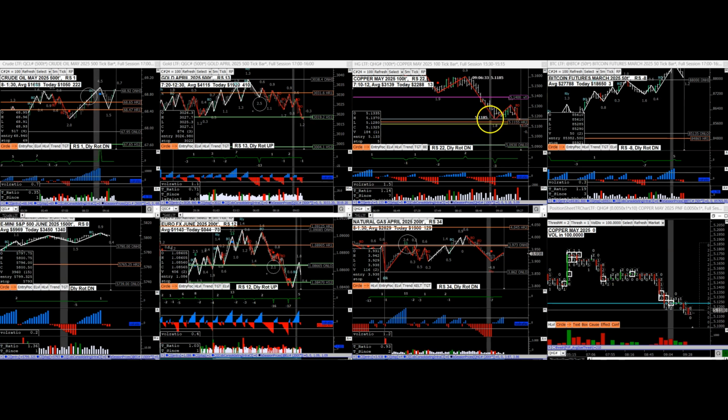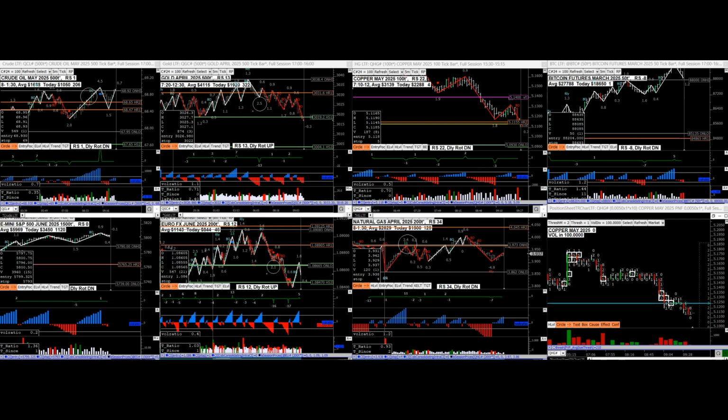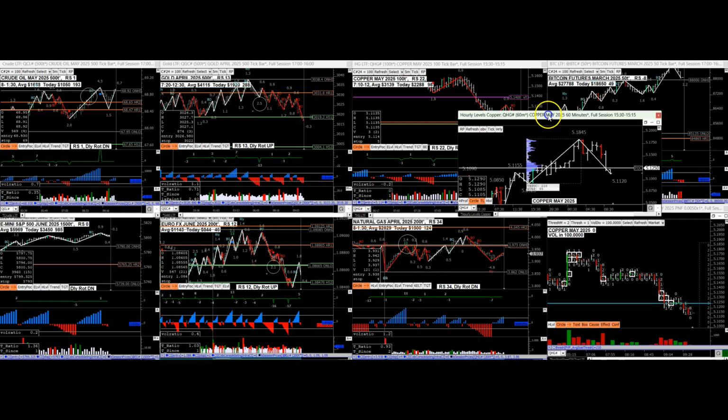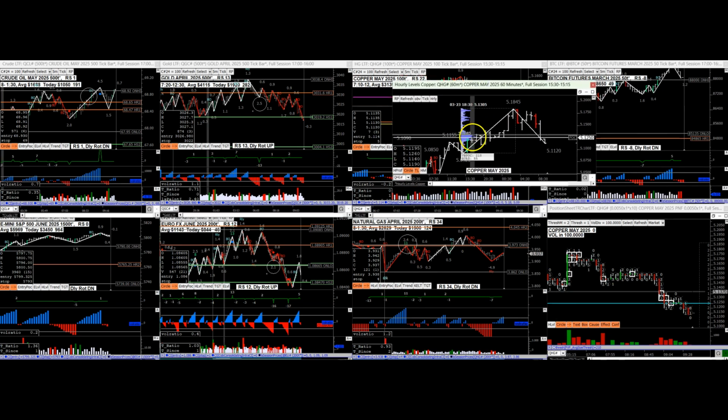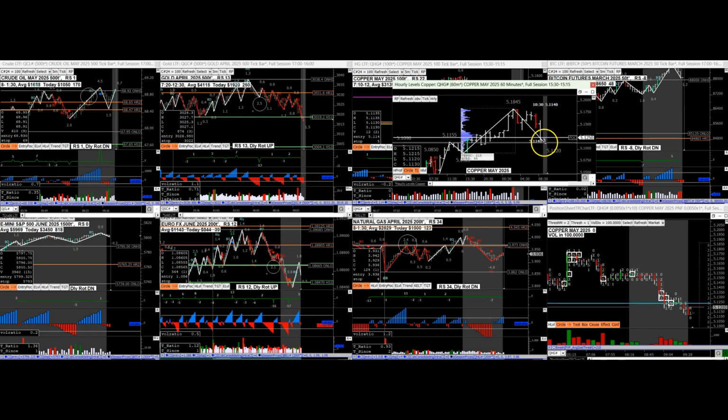I don't know where, but the idea is to take it at a level. One important level is this right here. You could just use this volume level for an exit. But it seems to be going beyond that.